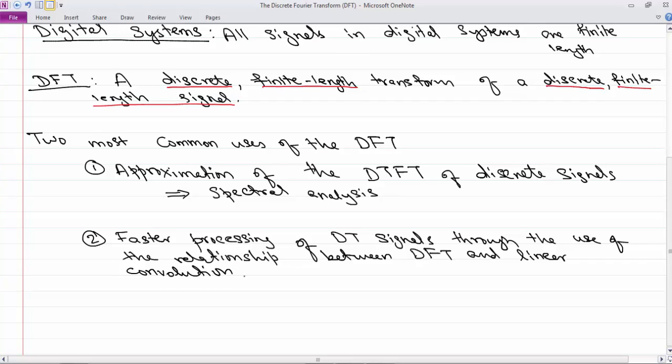People who go on to do communications will learn about a technique called OFDM, orthogonal frequency division multiplexing, which is pretty much in any modern cell phone. It's an integral component of that, and it can't happen without DFT.